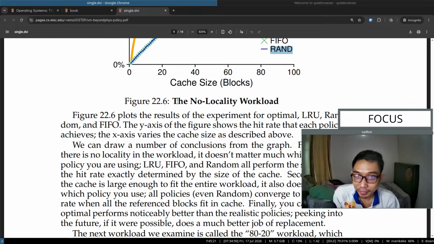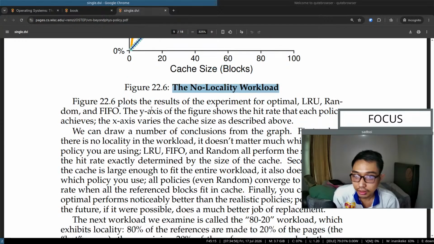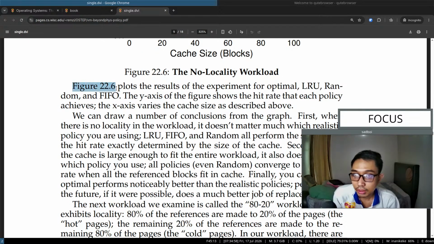Figure 22.6, the no-locality workload. Figure 22.6 plots the results of the experiment for optimal, least recently used, or LRU here, random, and first in first out, or FIFO here.